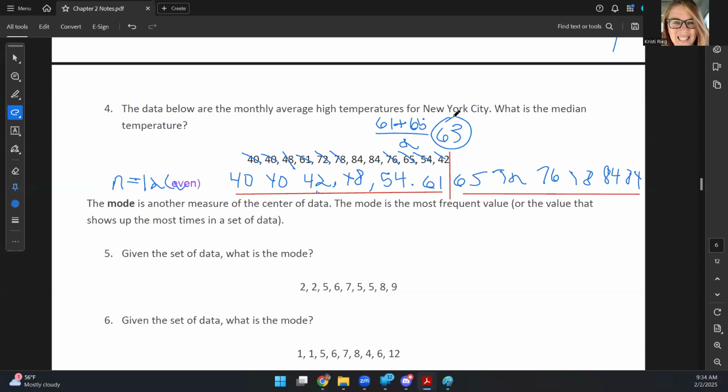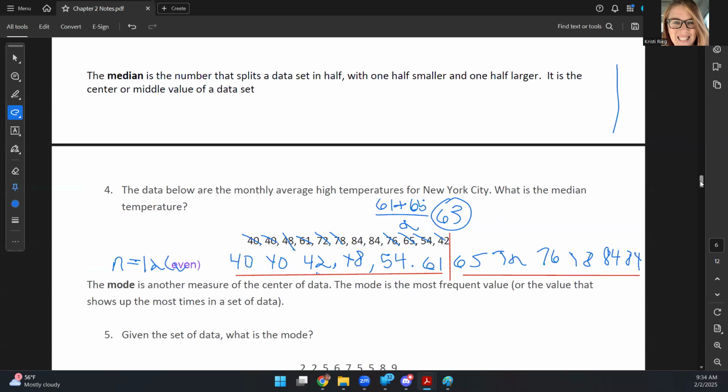Okay, I'm just going to make up another problem real quick just to talk about what happens when it's odd. I'm going to make a real easy number set right here: 1, 2, 3, 4, 5. It's already in number order, so we don't have to worry about making a mess.